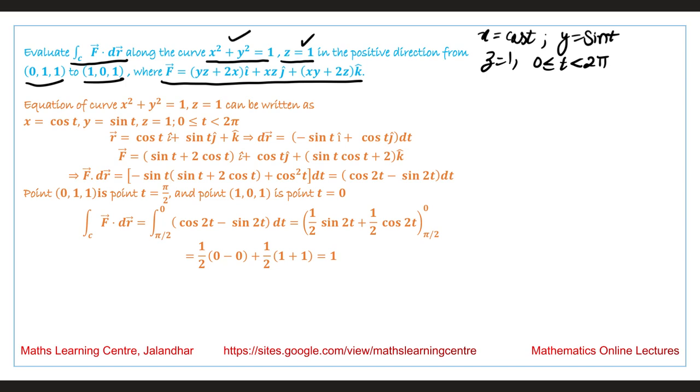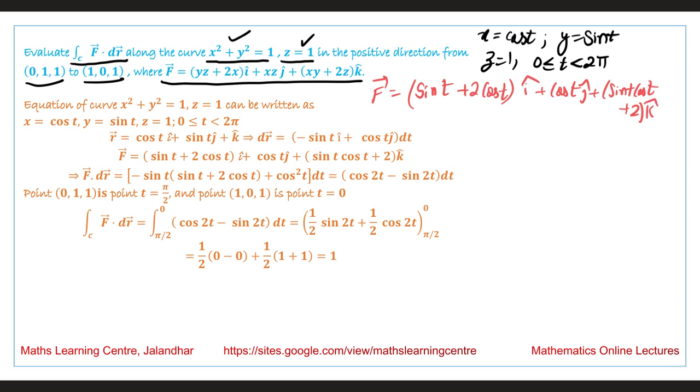The value of f vector that we have over here is equal to (yz plus 2x) i cap, so it is (sin t plus 2 cos t) i cap, then plus cos t j cap, and then plus (sin t cos t plus 2) k cap.